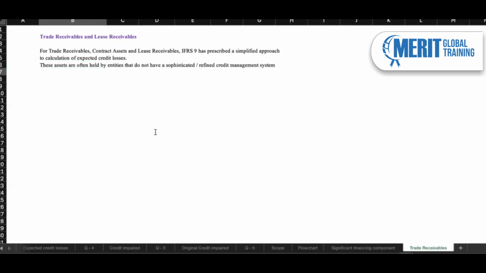So what does the simplification entail? The simplifications in IFRS 9 involve the following.